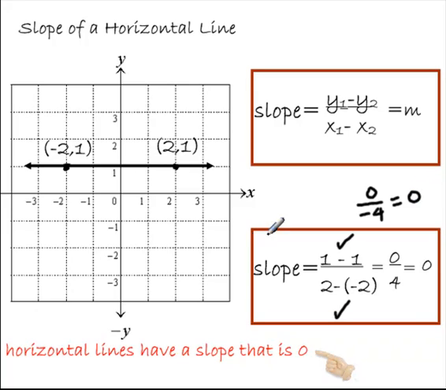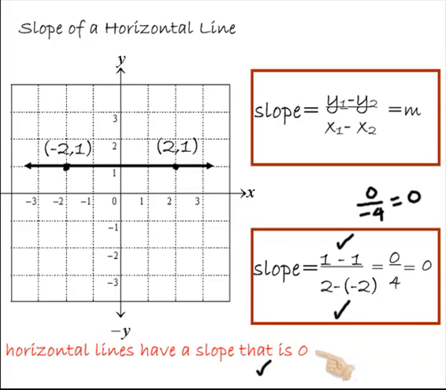It doesn't really matter what order we do that in. All horizontal lines have a slope of 0. It doesn't matter where you put the horizontal line. As we move from left to right, there is no change at all in y. X obviously changes, but the important thing is that the change in y, there is none. It's actually 0. So horizontal lines have a slope of 0.